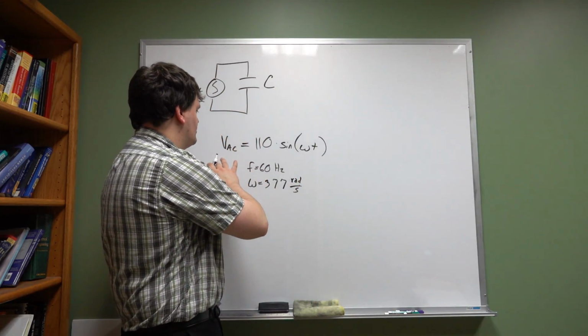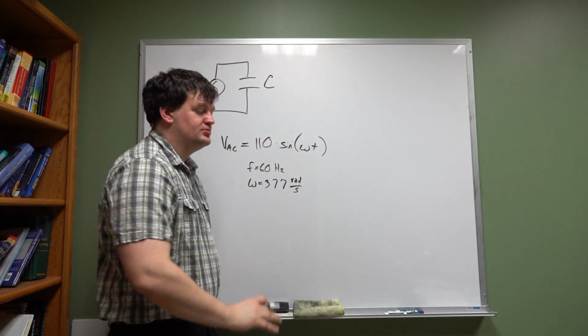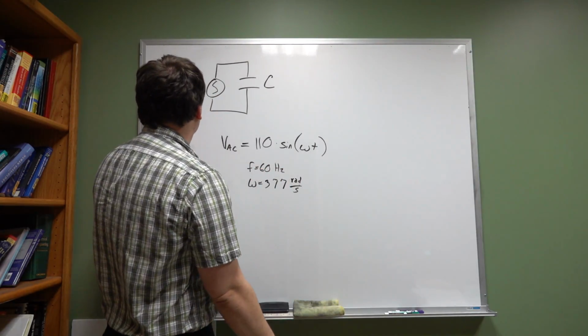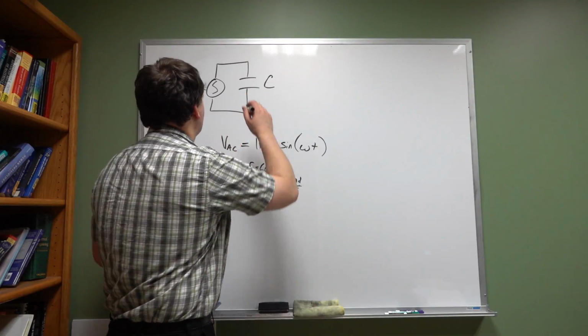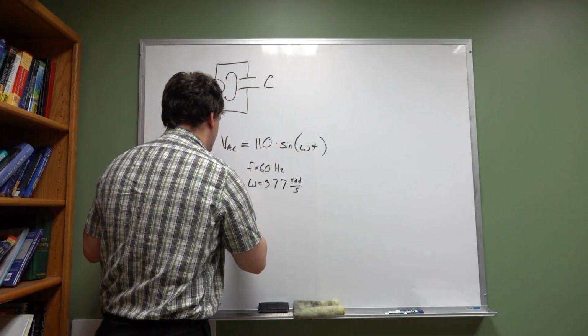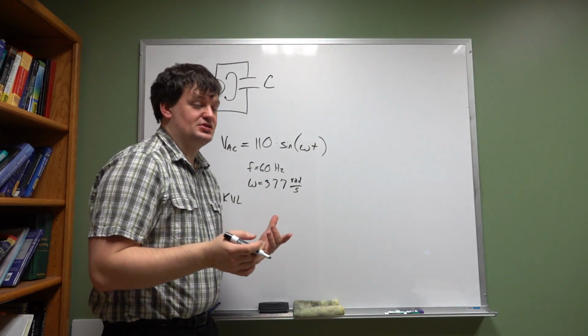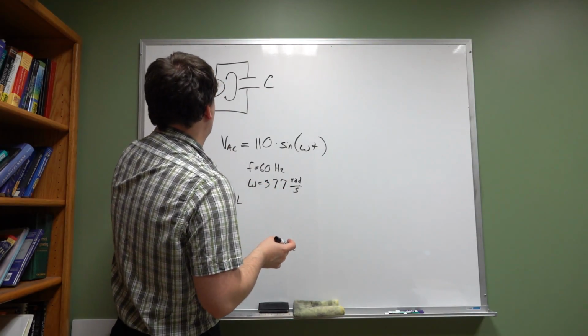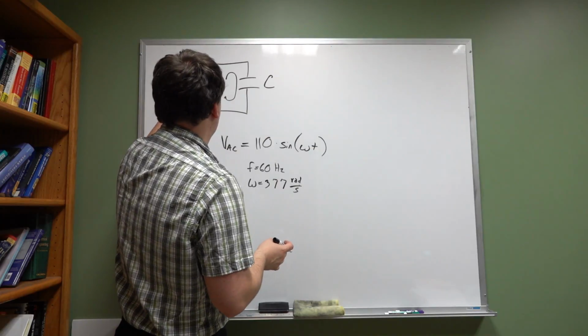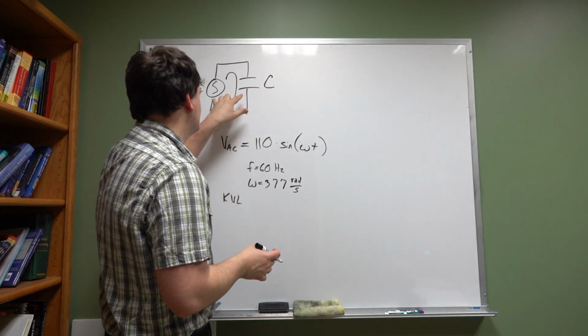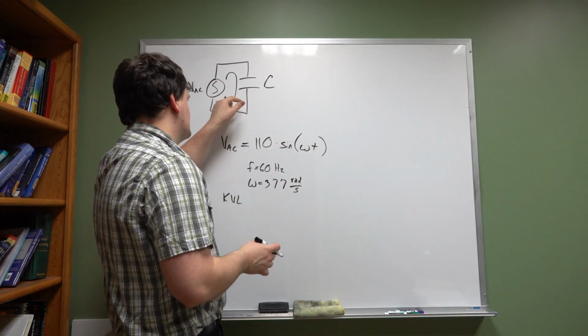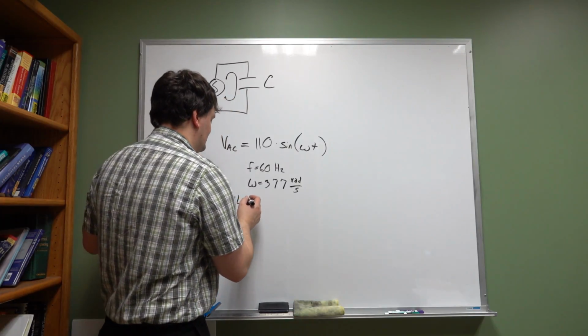Okay, so this is our function, this is what we have. We know that if we were to do KVL across the circuit, KVL says the sum of the voltages in a loop equals 0. So if we add all of the voltages in the loop, we only have a voltage here and we only have a voltage here. So the voltage here must equal the voltage here.